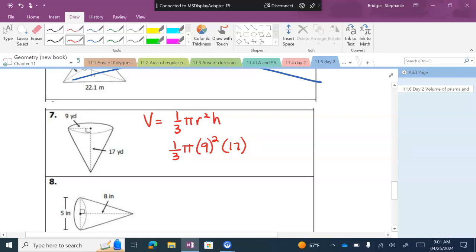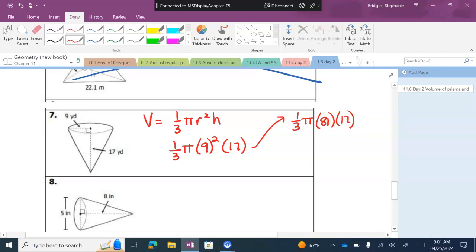Remember, when you're dealing with things with circles, this pi symbol is going to stay in our answer. So I need you to just multiply the numbers. Okay, so you're going to do 1/3 times 9 squared times 17. You might want to square 9 first. 1/3 times pi. What is 9 squared? 81. Okay, so I'm going to go ahead and change that first.